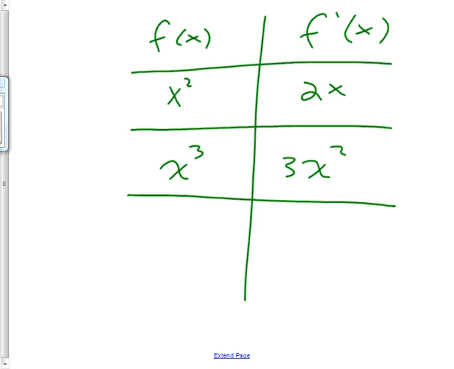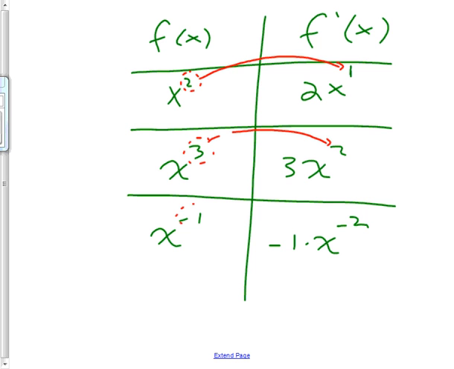And the last one I looked at, writing it in terms of an exponent, we have x to the negative 1, and the derivative became negative 1 times x to the negative 2. And just to really hit this home, this is 2x to the 1 on that top function. It didn't have a 1, but if it doesn't have it, it's implied. So looking at the powers, the 2 went to a 1, the 3 went to a 2, the negative 1 went to a negative 2.